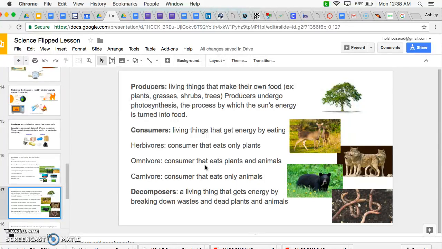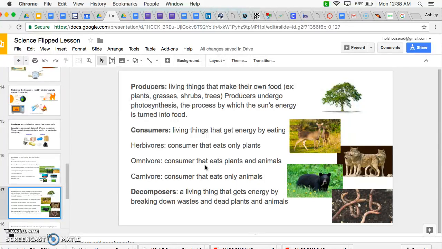Consumers are living things that get energy by eating. They must eat like you and I, and there are different levels within that. Consumers fall into the categories of herbivores, omnivores, and carnivores. They must eat in order to get their energy. Herbivores consume plants, so they only eat plants.